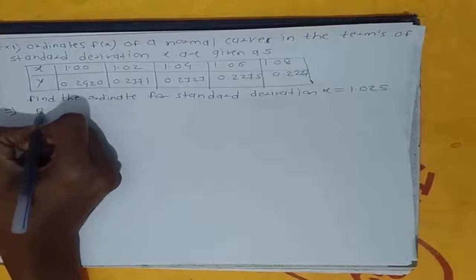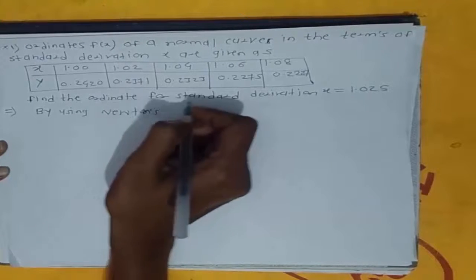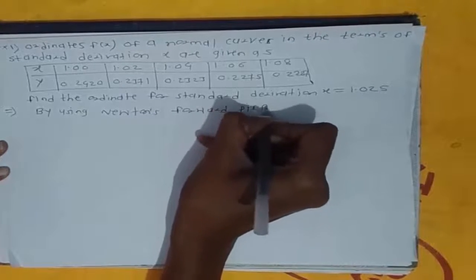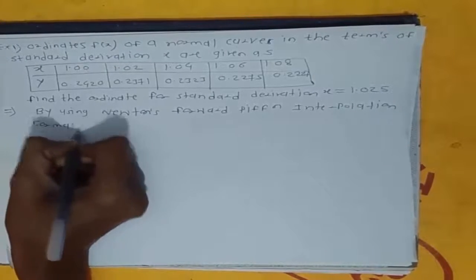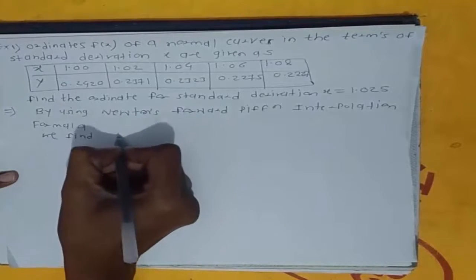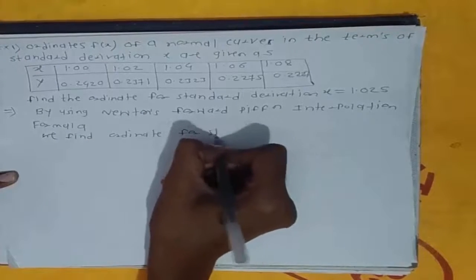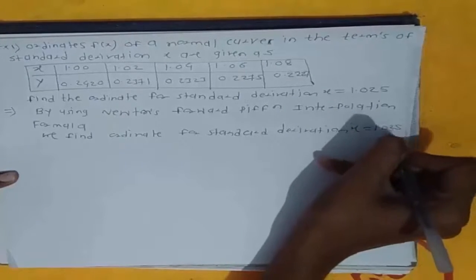Okay, so by using Newton's forward difference interpolation formula, we find the ordinate for standard derivation x is equal to 1.025.